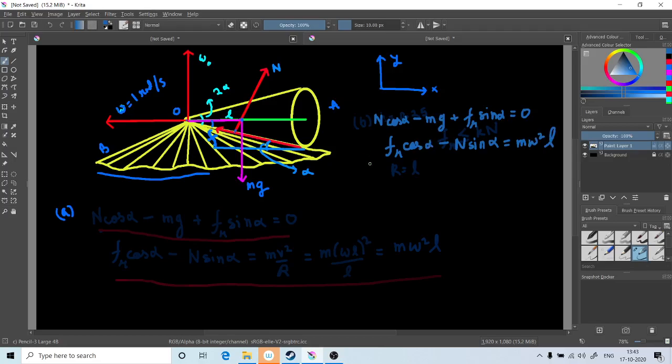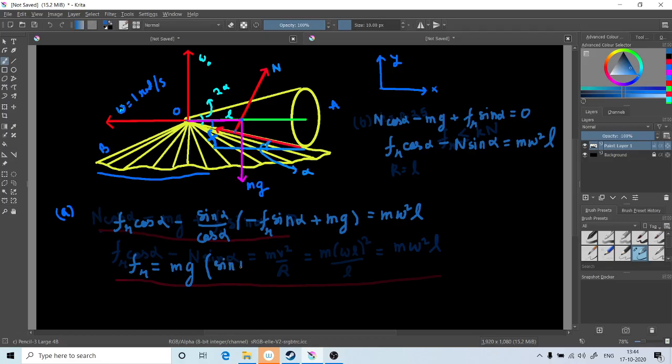Now, combining these two equations, we get fr, the static friction, equals mg sin alpha plus m omega square L cos alpha. Equivalently, fr equals mg times sin alpha plus omega square L by g cos alpha.